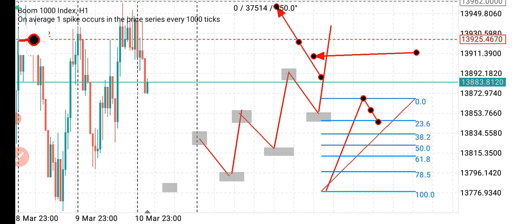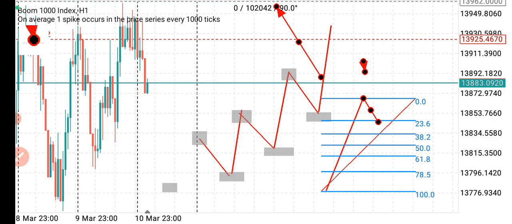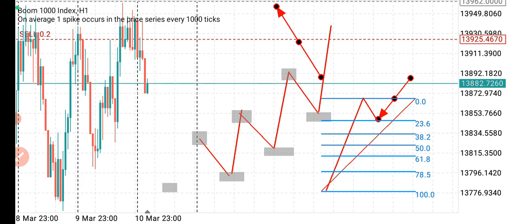And once this happens, the tendency of what will happen is that from that level, there's a high possibility that this price now will come, tap on that zone, on that 23.6 level, and then turn back from here and begin to move to the upside.